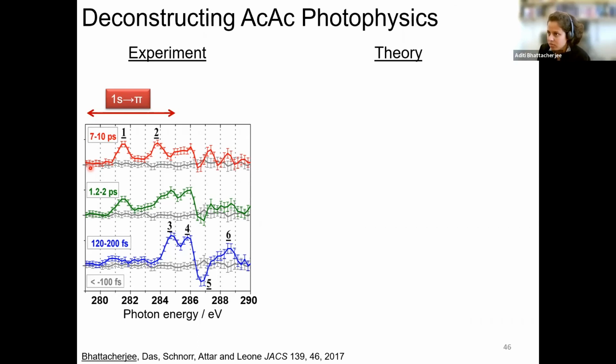conservation of angular momentum imposes certain rules on the changing electronic character. To explain this, I want to draw your attention to the peaks that lie below 284 electron volts. These are the 1s to pi star resonances in the molecule.